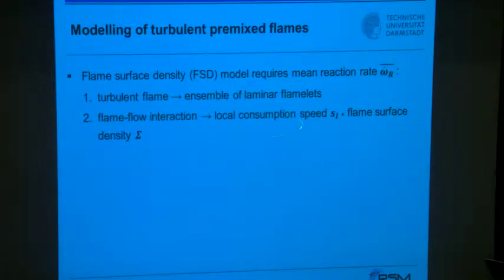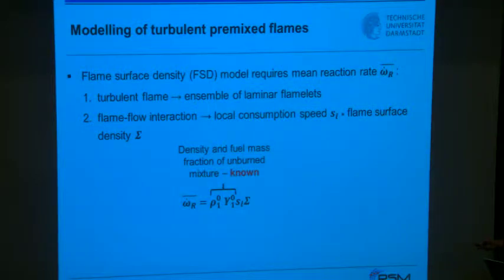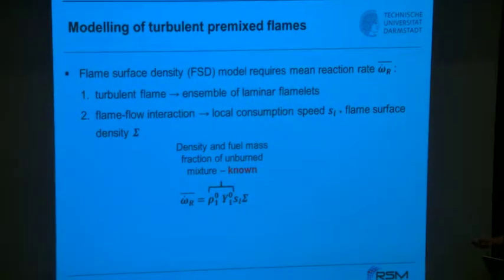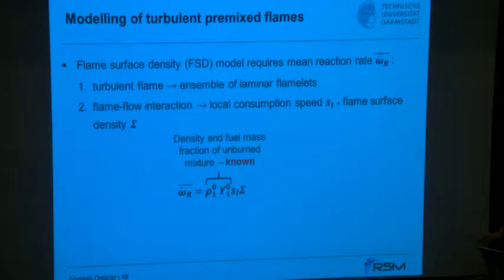To calculate that, we need the local consumption speed, SL, and the flame surface density. That is an expression taken from combustion modeling, where you see the mean reaction rate being dependent on the density and the fuel mass fraction of the unburned gases. That is known. So we know the density, we know how much fuel we put in with our mass flow controllers.